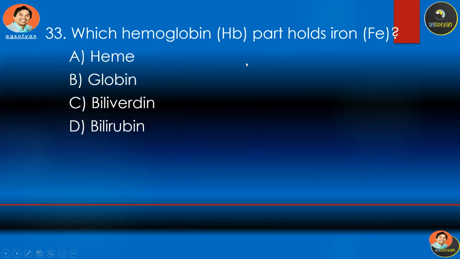Which hemoglobin part holds iron or ferrum? A, B, C, or D? Okay, the one that holds the iron is the heme group.